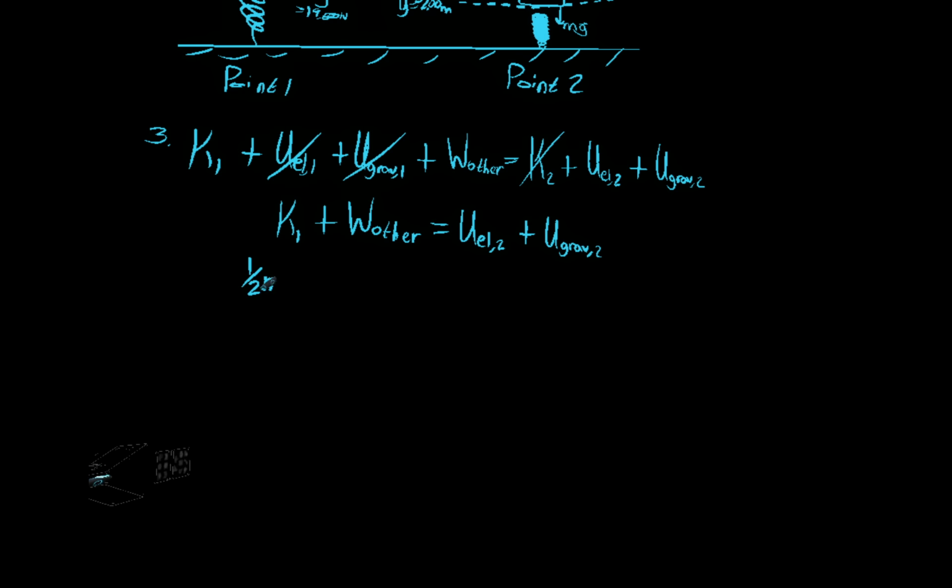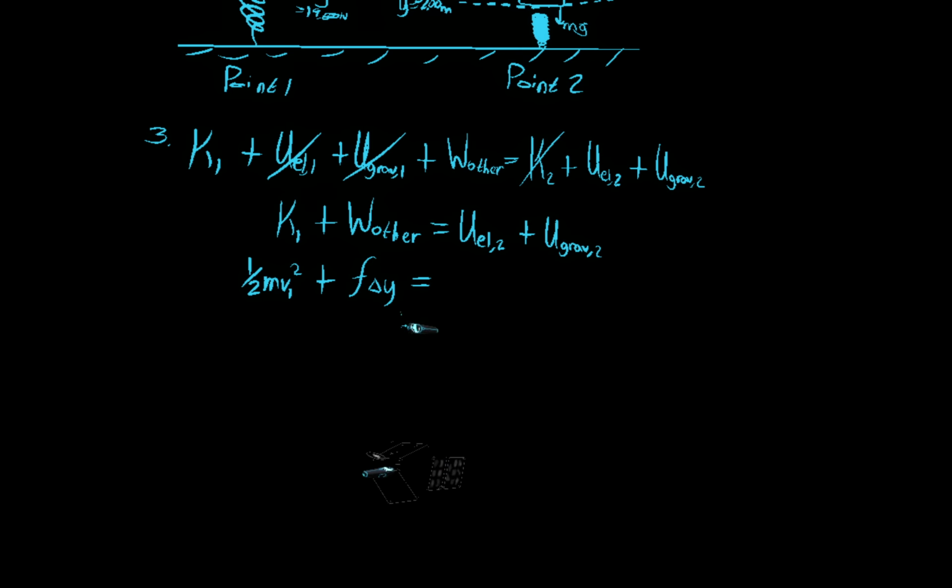1/2 mv1 squared plus work other, and we can fill in what that is because we know that it's going to be some force through some delta y, and we labeled the force with this cursive F, so we'll do this. There we go. And because it's kind of a friction force is why it's a cursive F, because even though it's a cable and it is tension on the elevator, it's this constant tension as it goes down, so it's kind of the same operationally as a friction force.